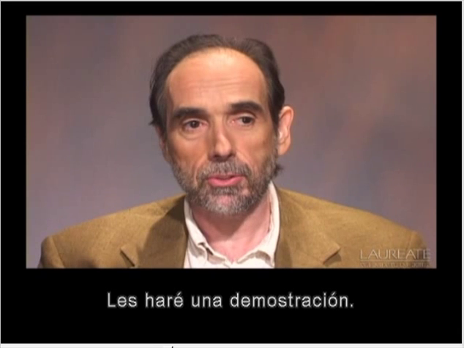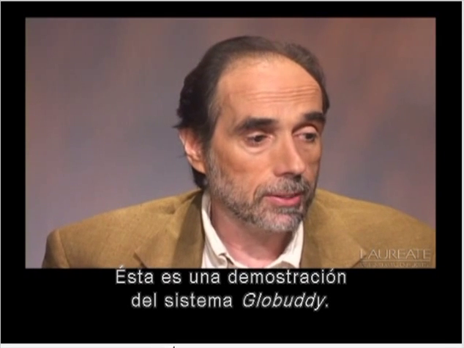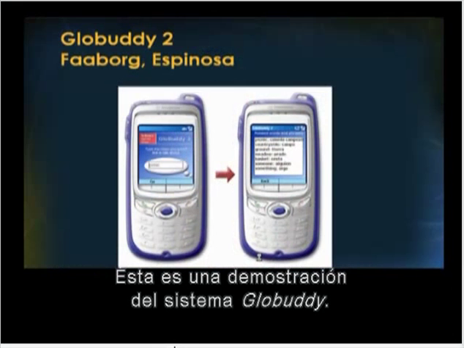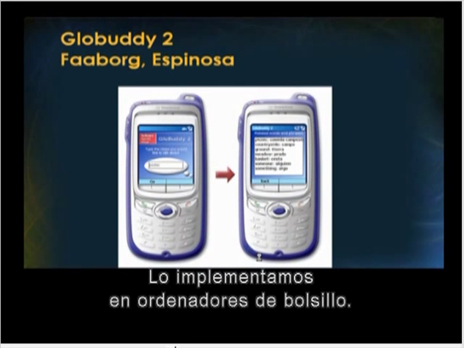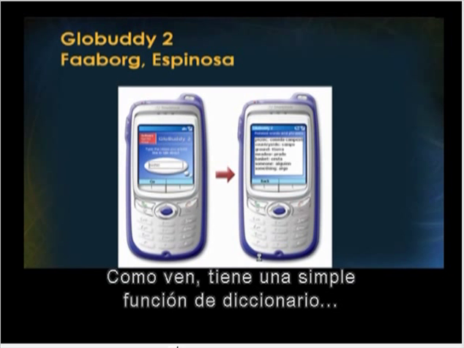So let's show a demonstration of that. This is a demonstration of the GlowBuddy system, and we've implemented it on Pocket PC computers and also on cell phones. As you can see, it just has a simple dictionary function.